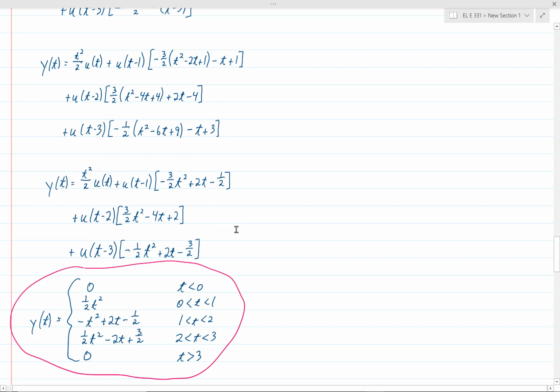And now we're able to say what y of t, how it acts in each one of the regions of interest. Okay, when t is less than 0, this first term is multiplied by u of t. So it's equal to 0 when t is less than 0. The second term is multiplied by u of t minus 1.